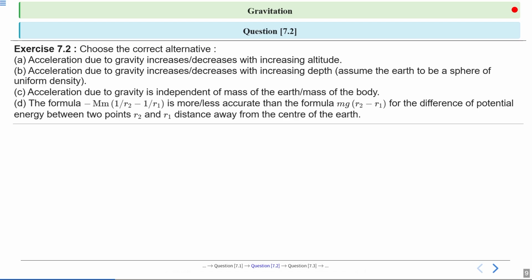And D: the formula -GMm(1/R2 - 1/R1) is more or less accurate than the formula mg(R2 - R1) for the difference of potential energy between 2 points, R2 and R1 distance away from the center of the Earth. So we will solve this question one by one.